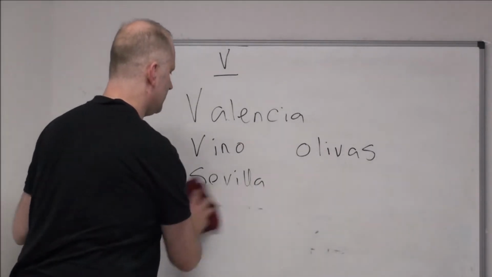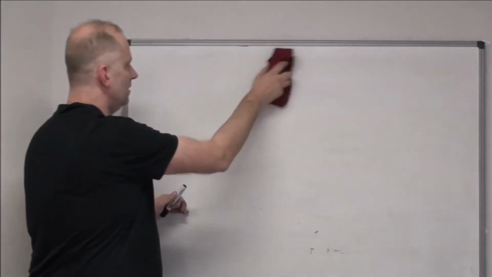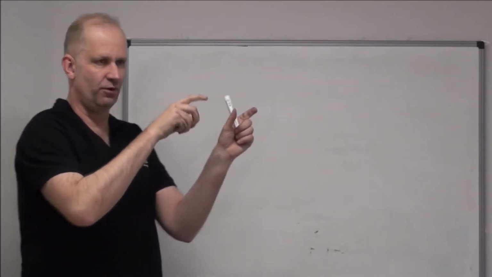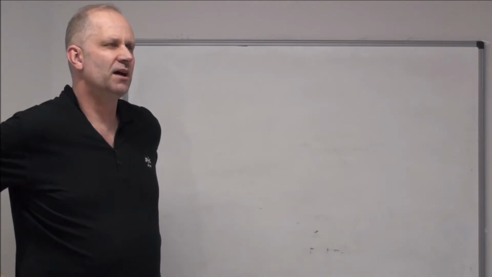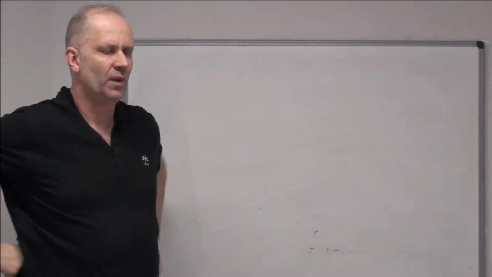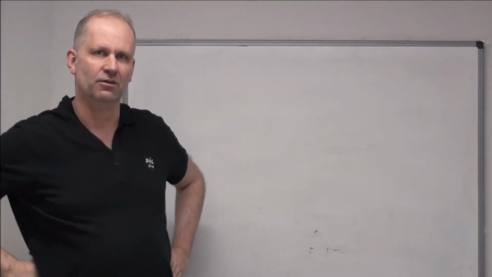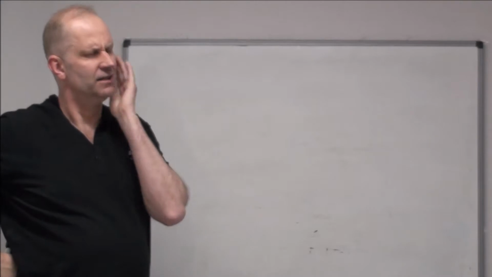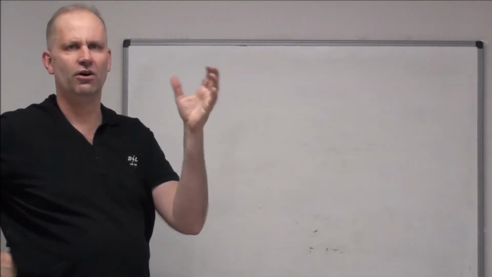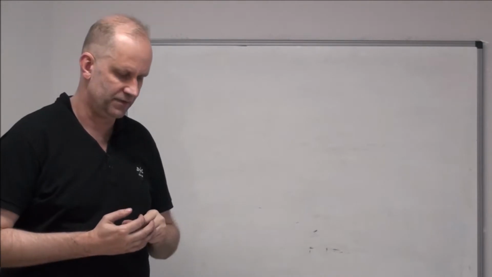We've already seen the sound when there's a G before an I or an E. In English we don't really use this sound unless you're from Liverpool and you want some chicken, or loch. Also in Loch Ness, you're supposed to say loch. It's that kind of sound.